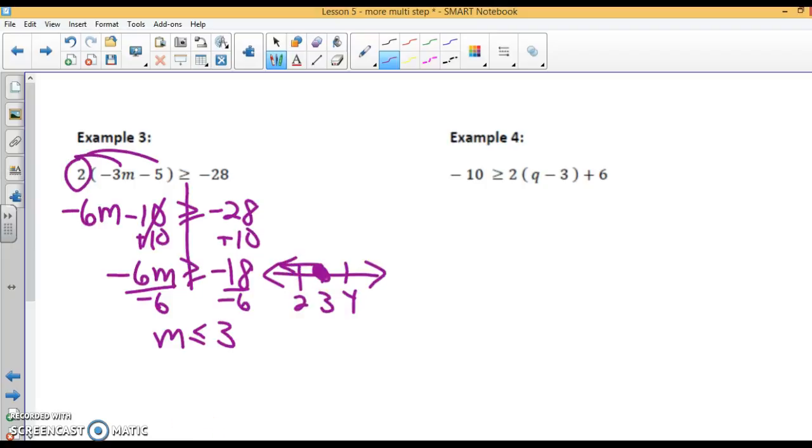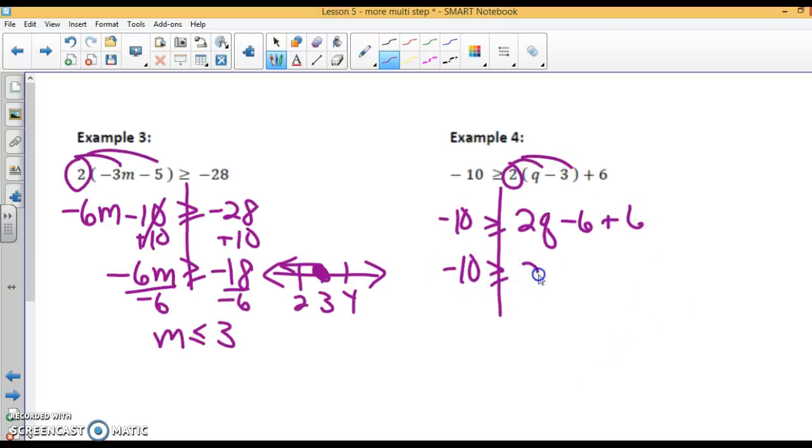All right, simplify both sides. So negative 10 is greater than or equal to, I'm going to use the distributive, 2q minus 6 plus 6. Simplify that right side, so I'm just going to have 2q, because negative 6 plus 6 is 0. Divide both sides by 2. Now, notice I am not switching the inequality because I divided both sides by a positive.